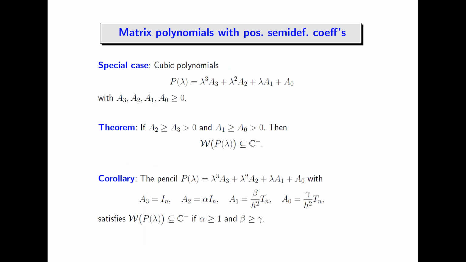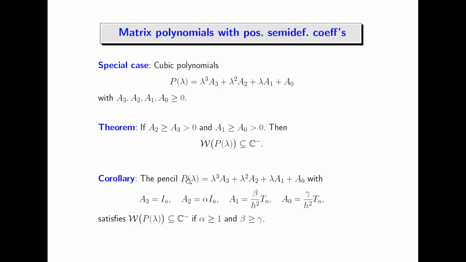Okay, and in the end, let's come back to this special cubic matrix polynomial that we had from the application. In that case, we can give an easy condition for when the numerical range is in the left half plane. So here this condition must be satisfied.